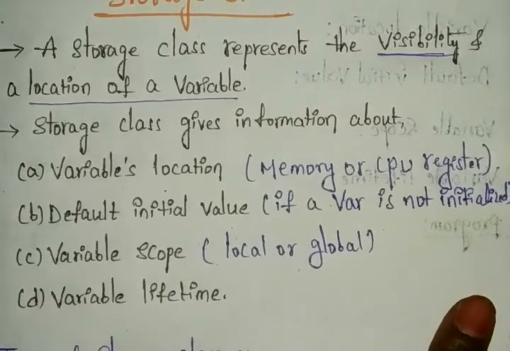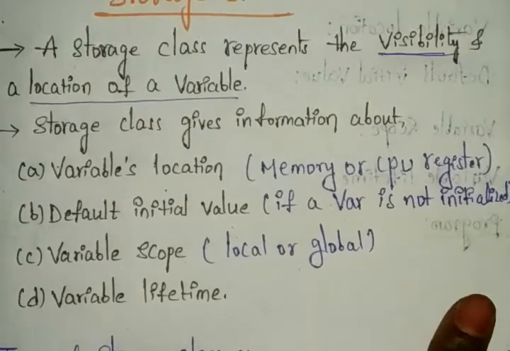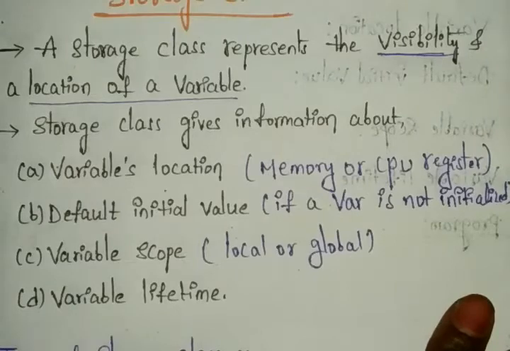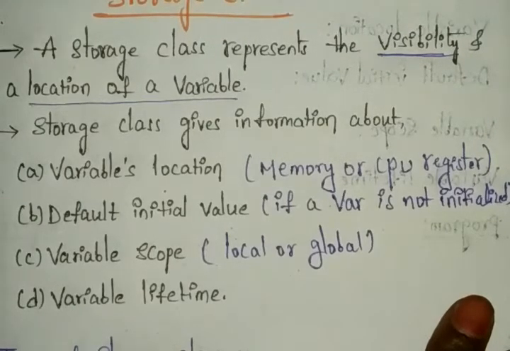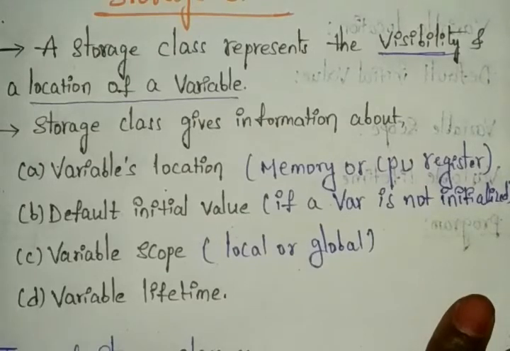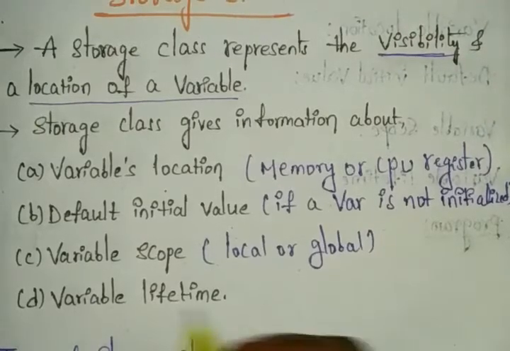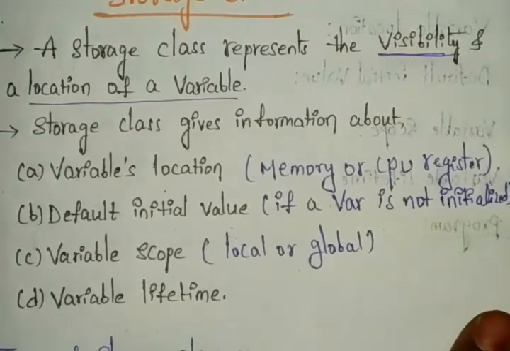Lifetime means how much time the variable stays in the program. So in that case we look at the lifetime of the variable, at present how much time it stays in the program. If another variable comes, automatically the first variable's life expires. Variables are temporary memory locations, right? Like that we describe our variable lifetime.